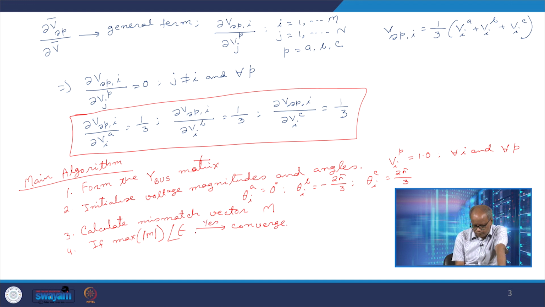Yes. If it is no, then go to step 5. What do we do in 5?